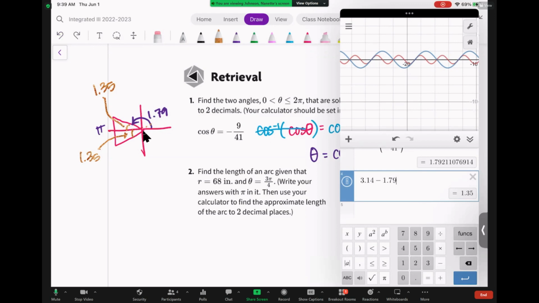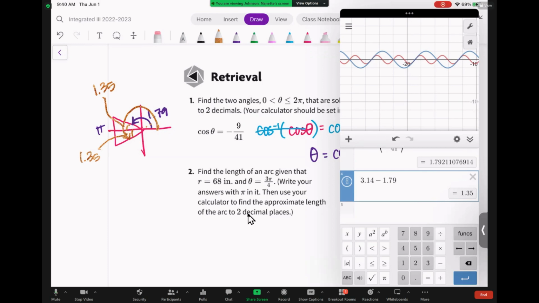Okay, so how do I find that angle? If I start from here and go all the way around, what's the math on that? Yeah, very good. There are a couple of different ways to do it.